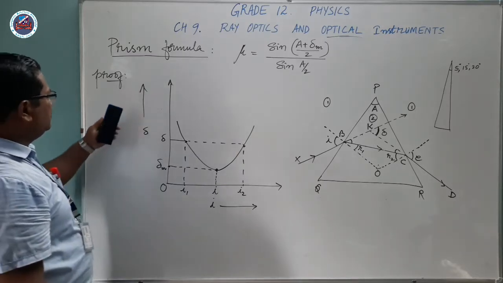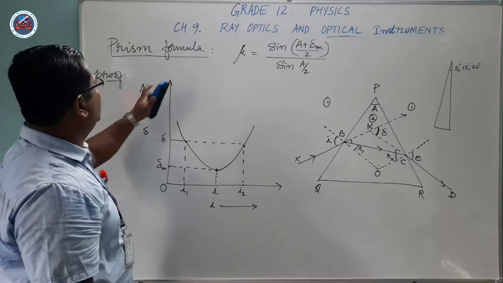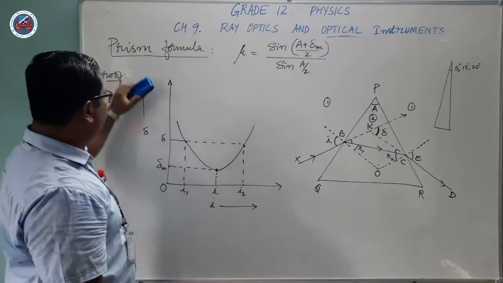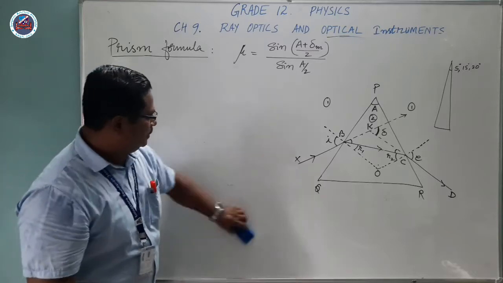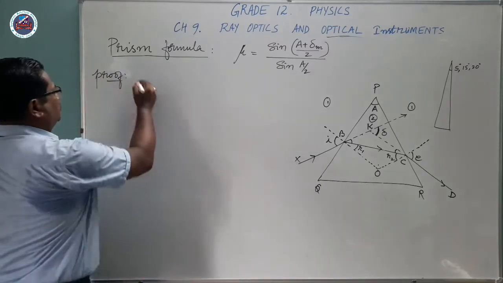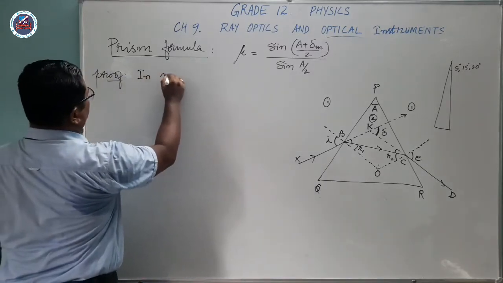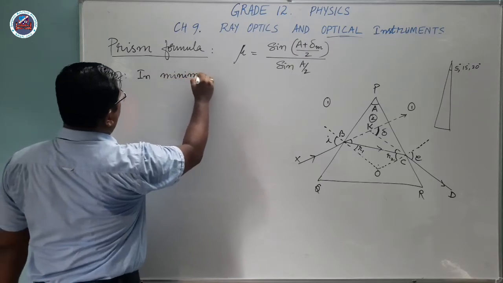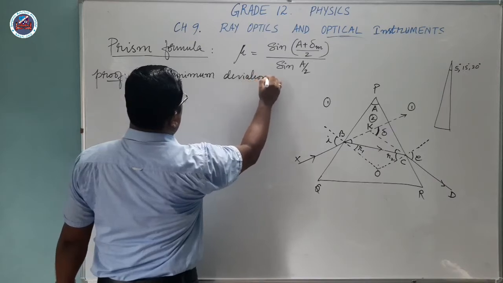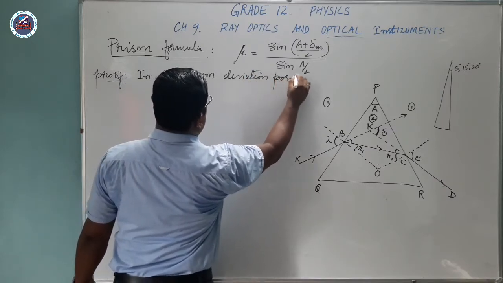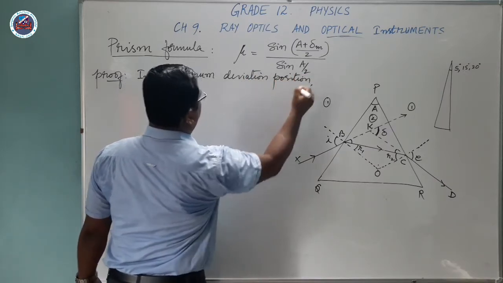Now at this minimum deviation position, you get the prism formula. Now let us derive and see. What is minimum deviation position?